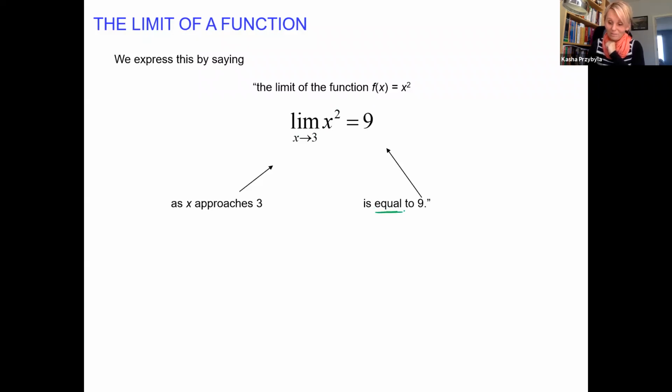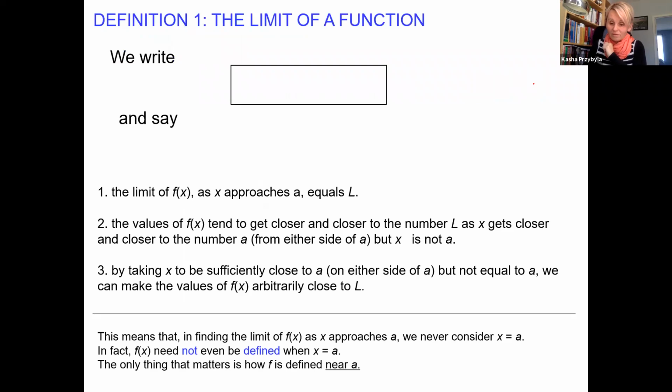I will say equals 9. Okay, but we know that it's not exactly 9. It's different than this 9, that's the value. But the limit is the limit. We are approaching 9.